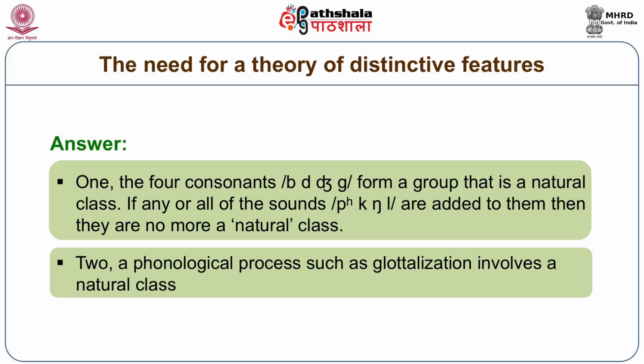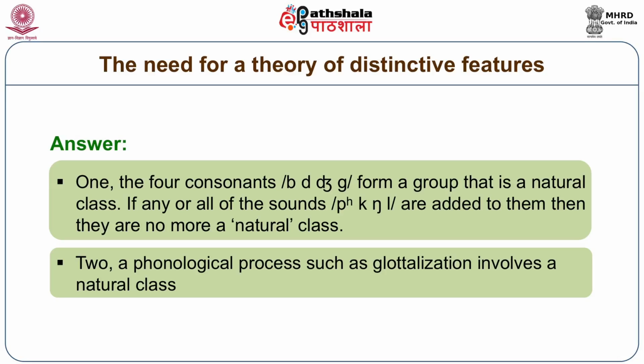When we try to explain as to why only B, D, J, G are glottalized and not the others, we find that B, D, J, G form a somewhat like a group, which we call a natural class. What is the natural class? These are plosives and these are all voiced, and these are all unaspirated.